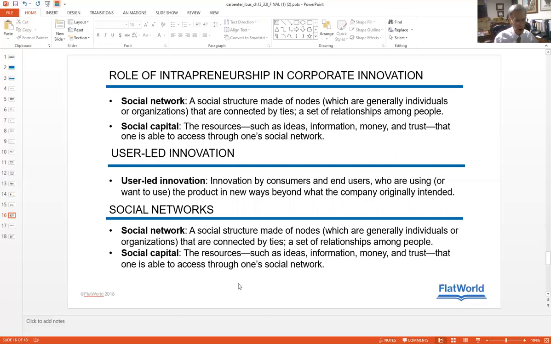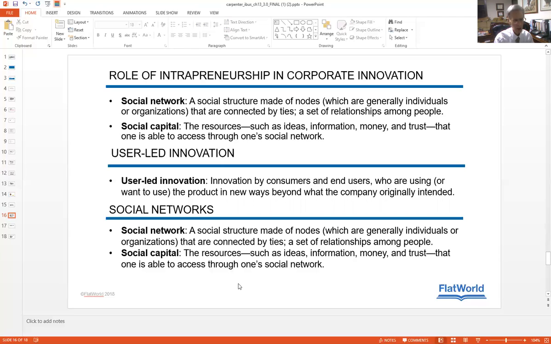Okay, now we have the question of entrepreneurship in corporate innovation. And we talked a little bit about that when we were in chapter 11. But within a corporation, there can be a social network that facilitates the exchange of ideas and development of process improvements.